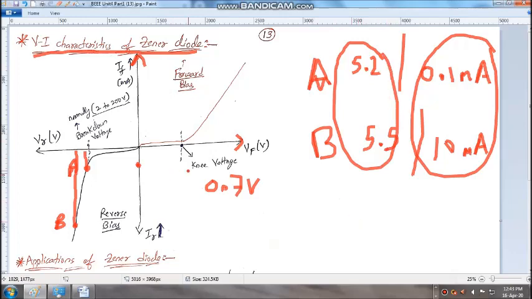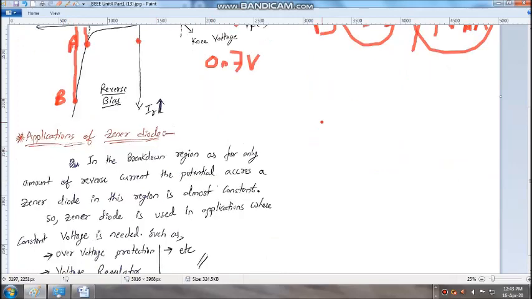This is one of the important characteristics of a Zener diode: the voltage across a Zener diode is almost constant in the breakdown region. So we can use this property for different applications.